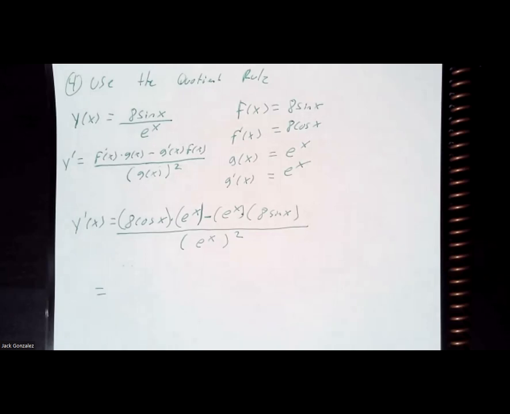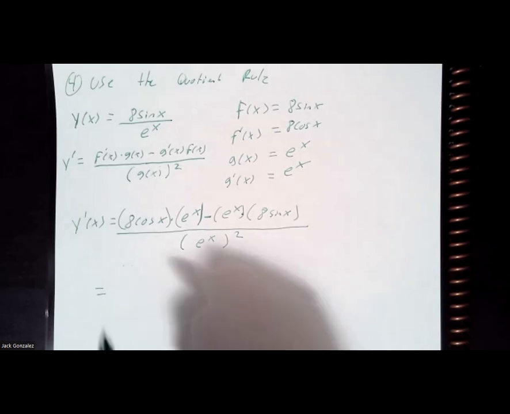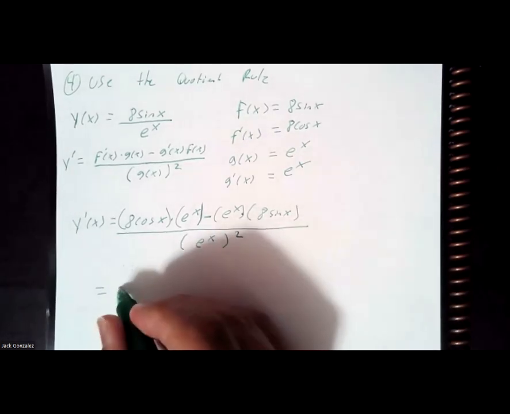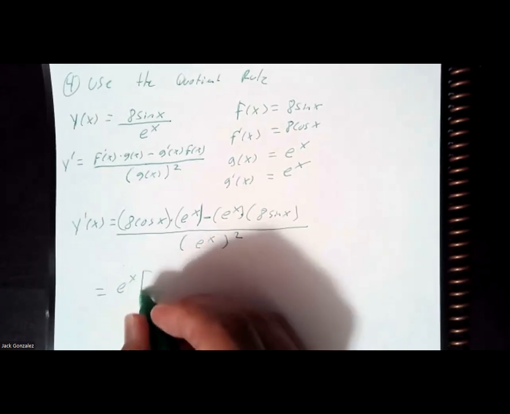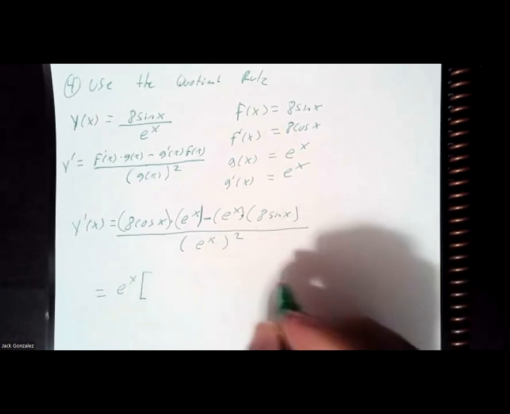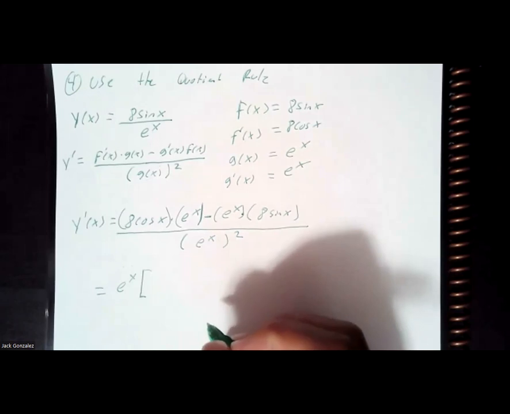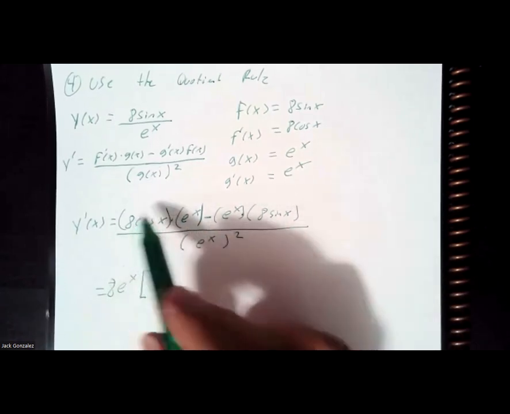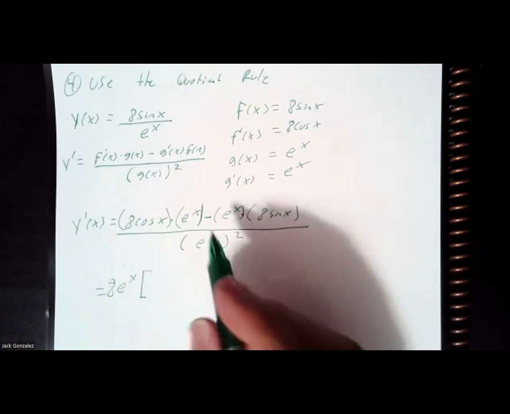All right, so at this point, they both have e to the x. Factor that guy out, I guess. So now we also have 8 in common. 8 and e, 8 and e.